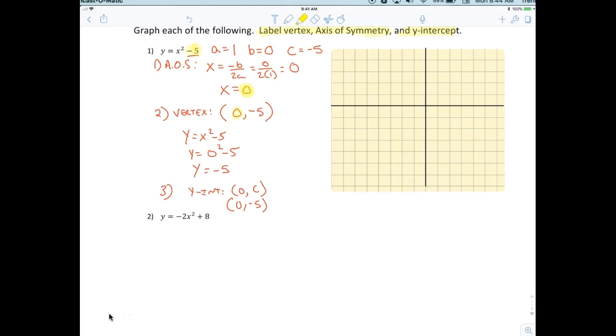I need the axis of symmetry. The axis of symmetry is x equals 0. Remember, x equals 0 is just a vertical line at 0. So I'm going to draw that. Look right here, guys. This right here is the axis of symmetry. Now, I want you to look at the vertex. What is the vertex?